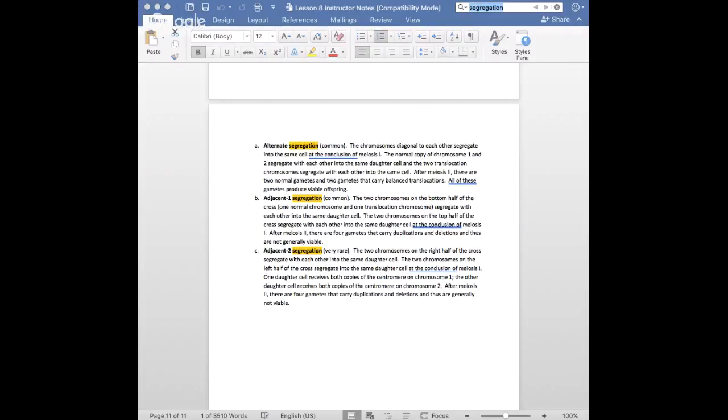So in a reciprocal translocation, I have the diagram here where we have a normal chromosome, which I put as number 1. So that's just the homologous chromosome 1, and then the homologous chromosome 2 is going to be this one right here, and that's going to be the blue one.